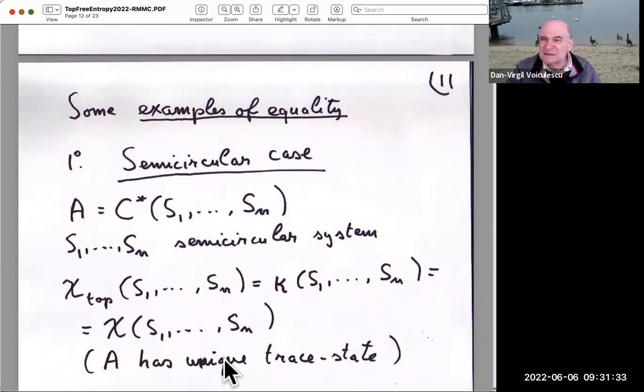So all these things are equal: the topological free entropy, the free capacity, and the free entropy.